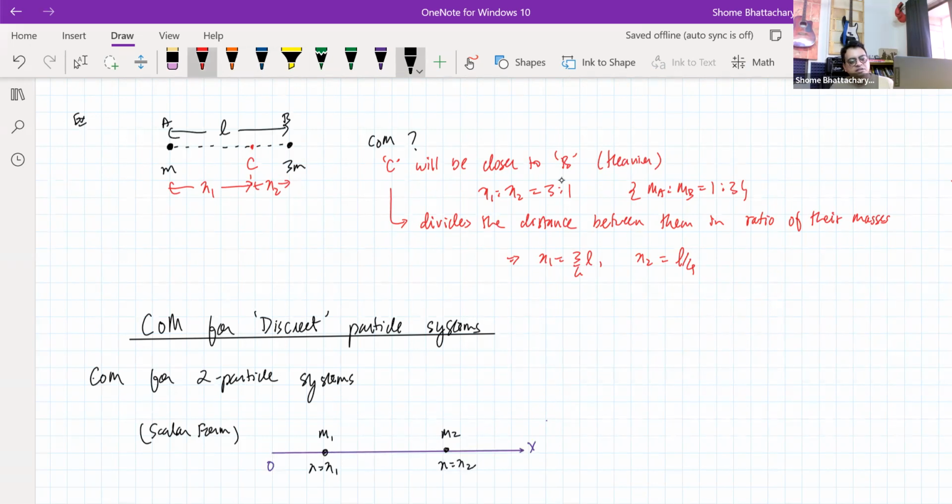Then as per our definition, the center of mass should be located at such a point, let's say xc, such that it divides the distance between them. If this distance is d1 and this distance is d2, then d1 is to d2 should be equal to m2 is to m1. Or in other words, m1 into d1 from one side should be equal to m2 into d2 from the other side.